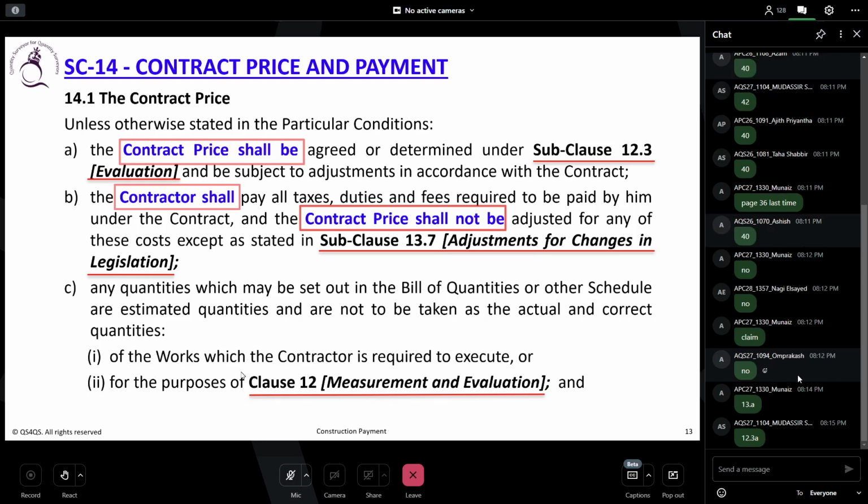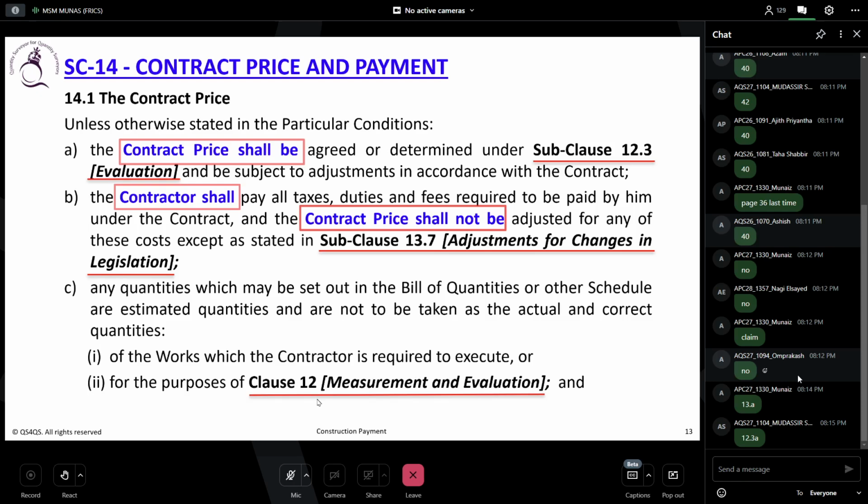Of the works which the contractor is required to execute, or for the purpose of clause 12 measurement and evaluation. Okay. There is nothing much to discuss, but since we are talking about 14.1c, it says of the works which the contractor is required to execute for the purpose of clause 12 measurement and evaluation.